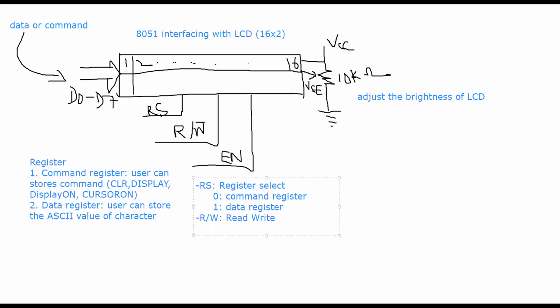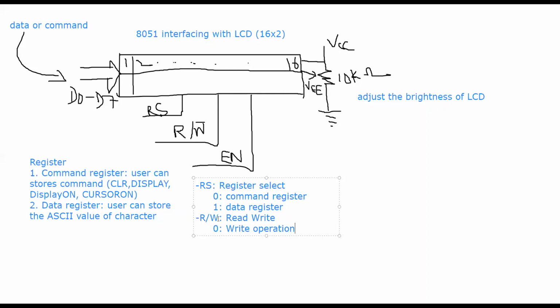If it is 0, it is a write operation, which means we will be writing a command or data into the register in the LCD.